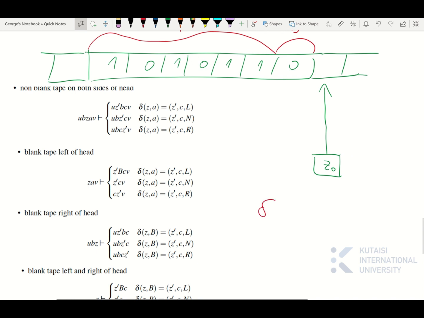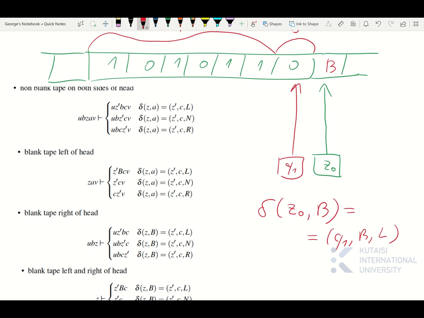My next step would be whatever this thing is, Z0 blank. And this by definition was, I don't remember, it was like Q1, blank, left. I think this is what it was. So this was written in my Turing machine definition, but if I do not write blank here, I do exactly this. I write blank here, I go here with Q1, and I'm looking at 0.